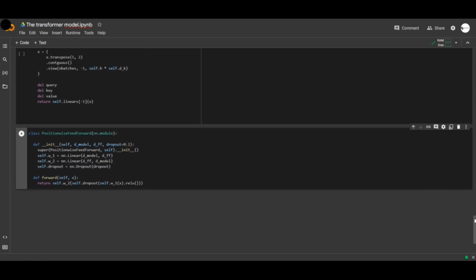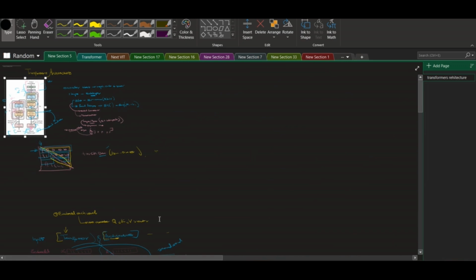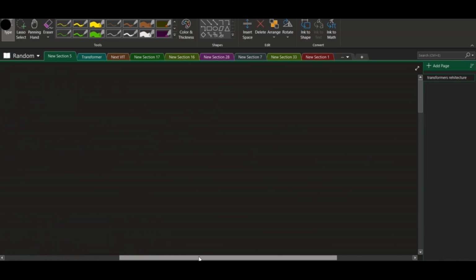So now positional encoding. Positional encoding can be quite hard to wrap our head around, so I thought it would be good to walk you through the theory of it. It's quite interesting how they came up with it.